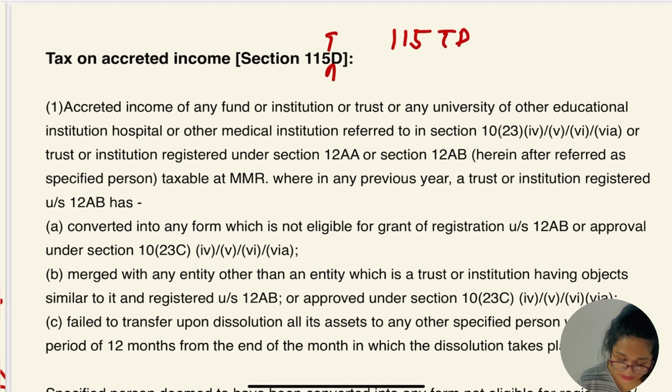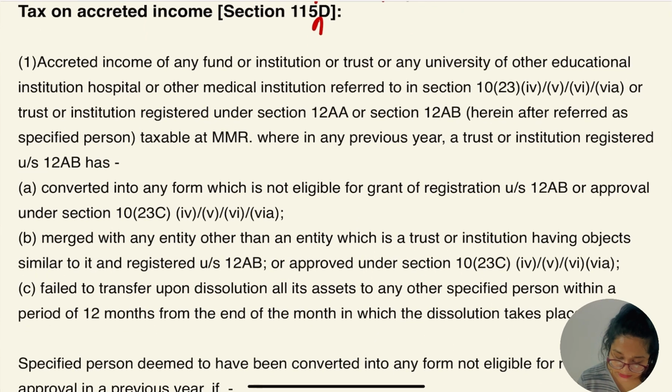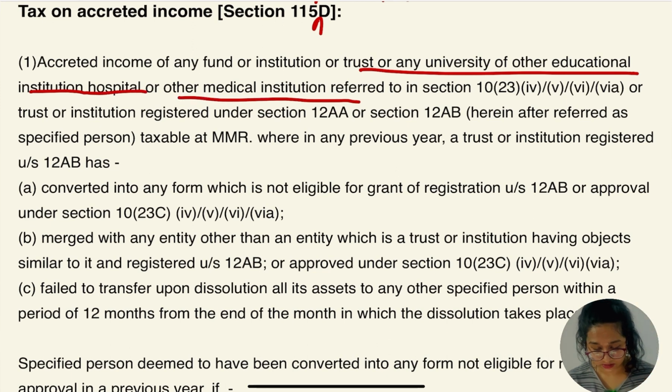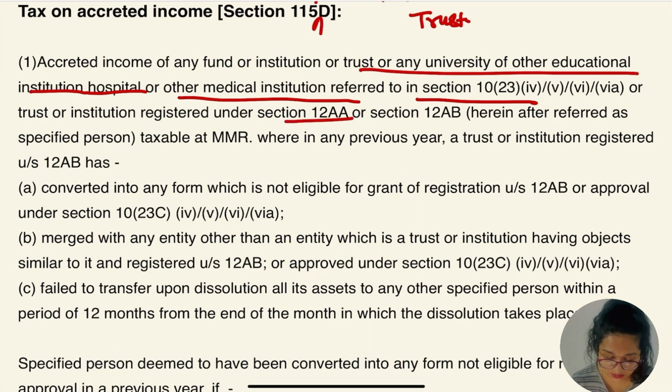Okay, accreted income of any fund or institution or trust or any university or other educational institution, hospital or other medical institution. So we are going to take every trust which is going to be under this chapter, whether university, educational institution, hospital, medical institution, or which is referred under section 10 subsection 23 clause 4, 5, 6, 6A, or the trust or institution registered under 12AA or 12AB.